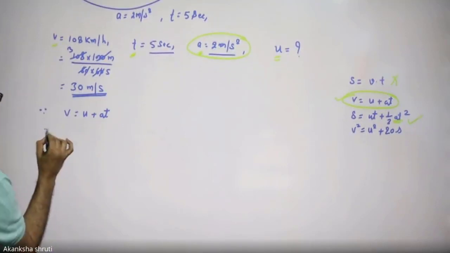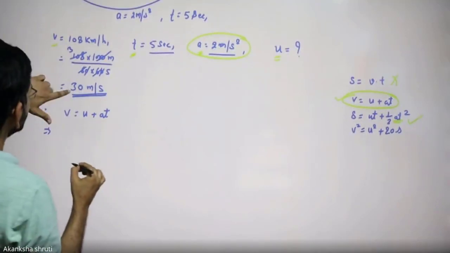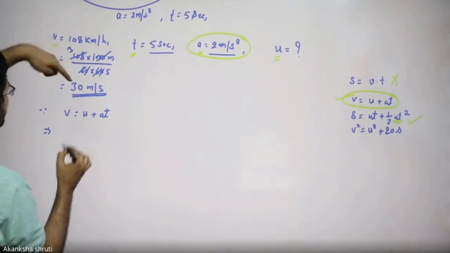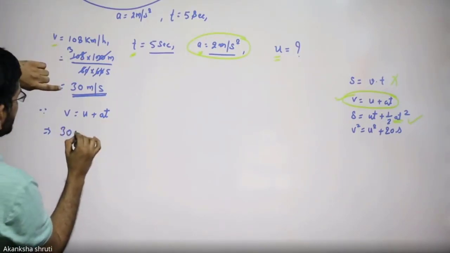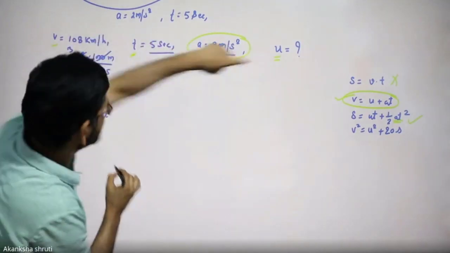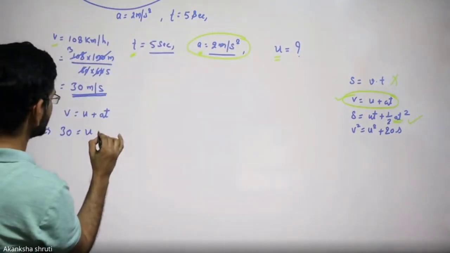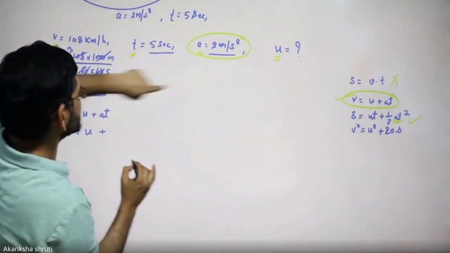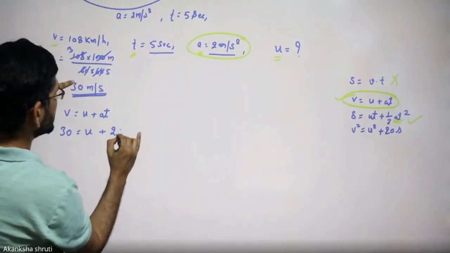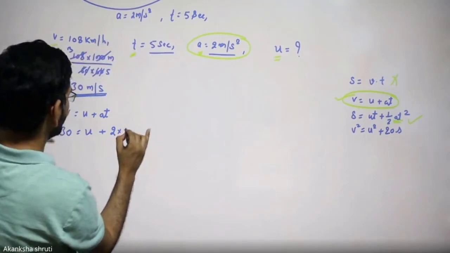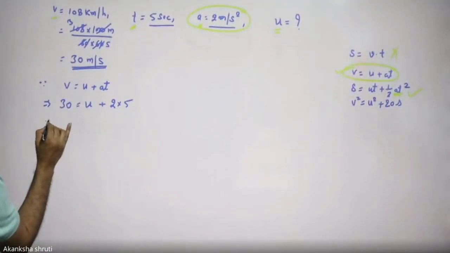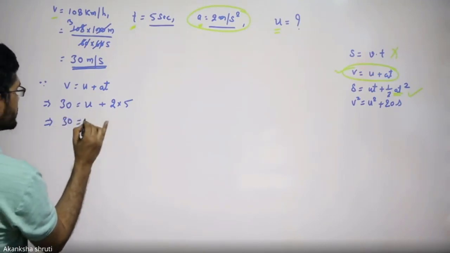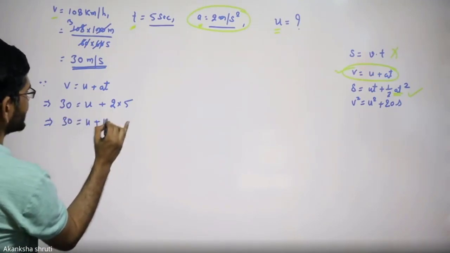Now, in the equation we have selected, we need to substitute these values. v is 30, u we need to calculate, so keep that symbol as it is, plus the acceleration is positive, so 2 into the time 5. So we get 30 is equal to u plus 10.